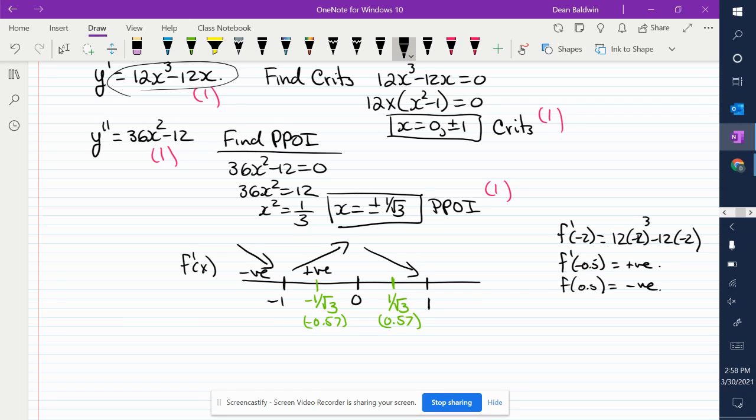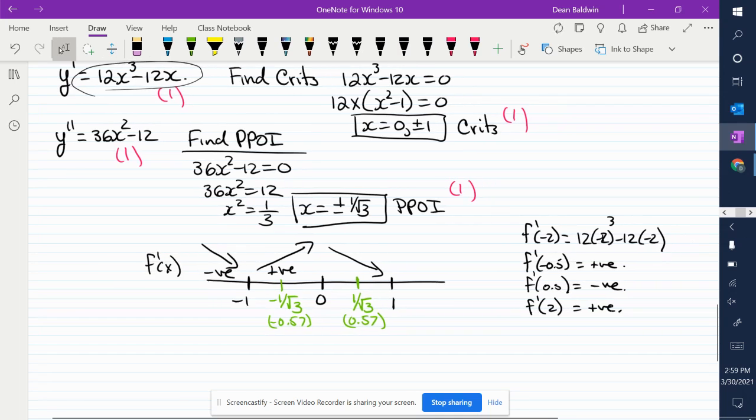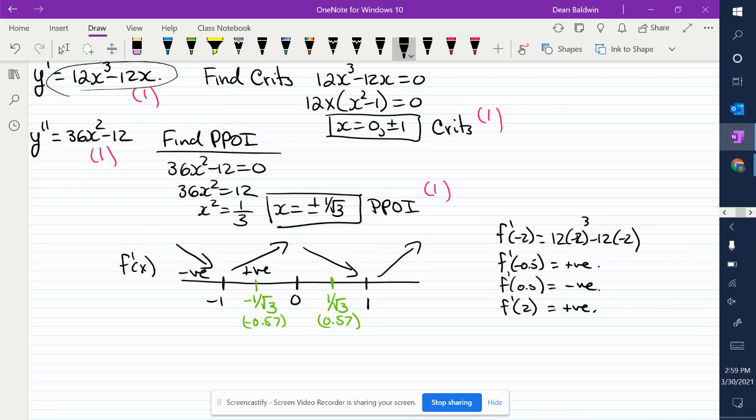They don't always alternate like this, but yes, thank you, f prime. And then I go f prime of a number greater than 1, so we'll do 2, which is positive, which means we are increasing. Okay, that's the first derivative stuff.